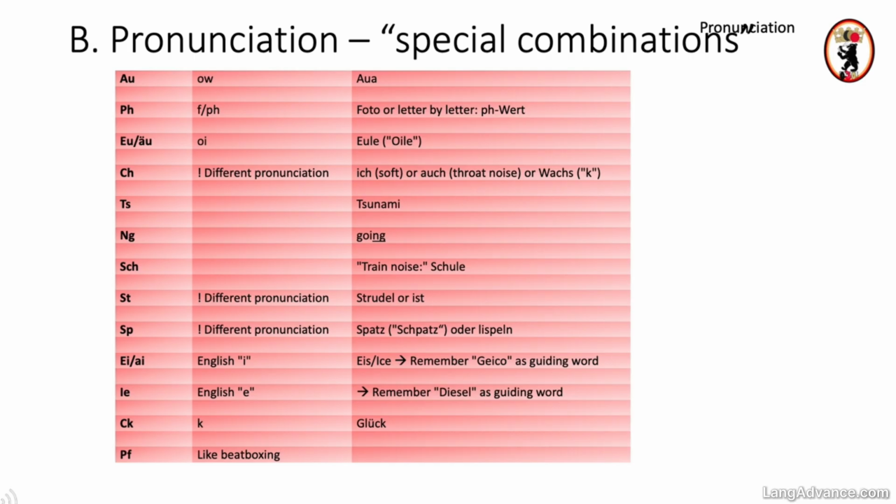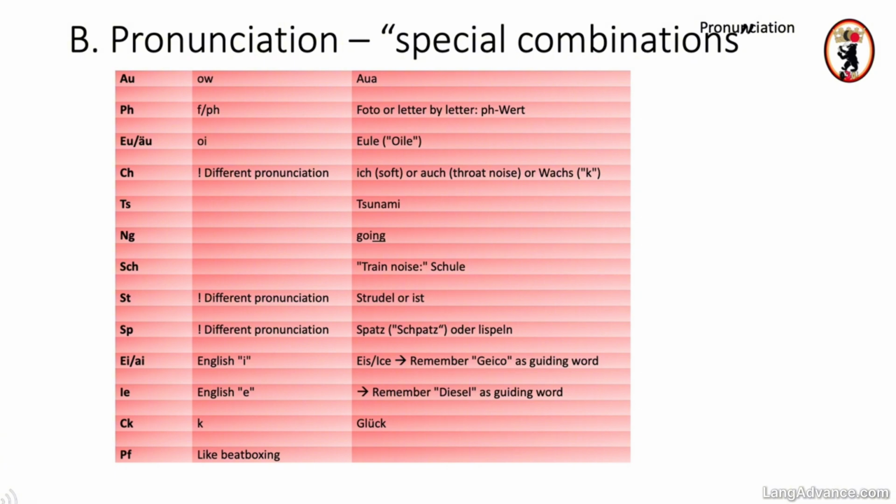So either it has a sound of photo or PH-Wert. In addition, the H can be silent too. The next two combinations are pronounced the same despite their different spellings. Both are pronounced oi, like Eule, owl.